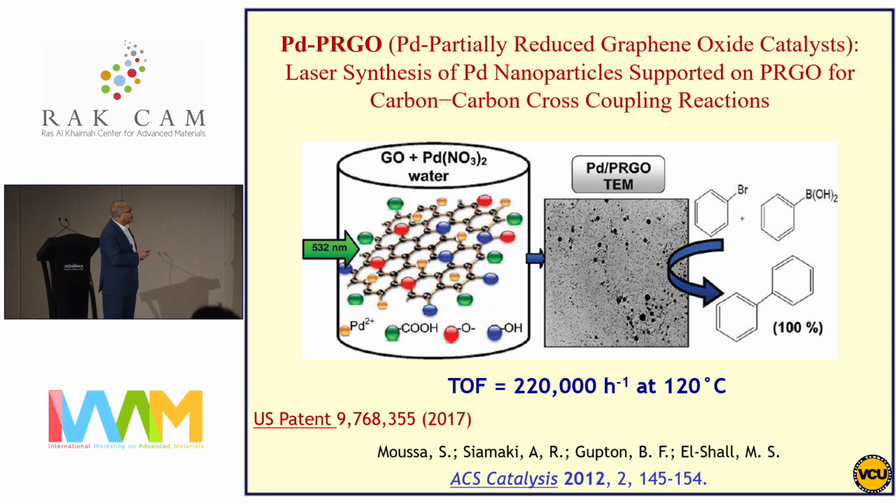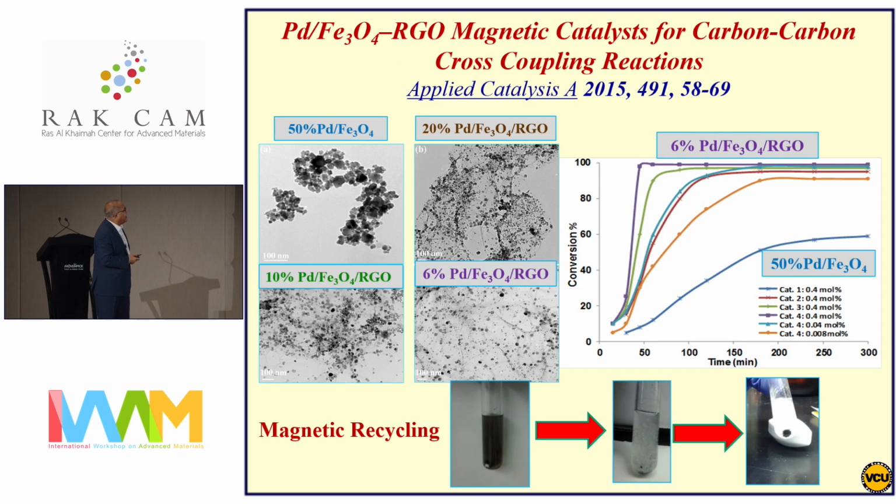So the laser radiation definitely produces a much more active catalyst, as we can see here. We followed this work by developing a magnetic catalyst, which involves magnetite, which is Fe3O4. And we were able to optimize the percentage of magnetite on the reduced graphene oxide.